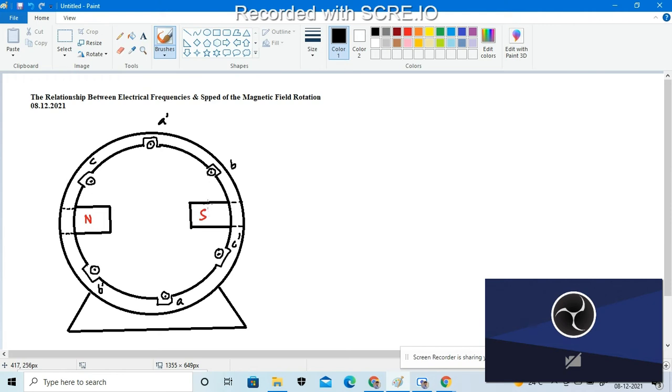So here we have, now there will be the current distribution, right? That means we are representing the north pole. The north pole means where the flux will leave from the stator.